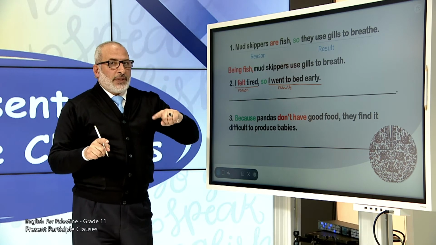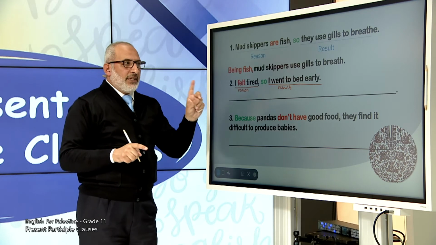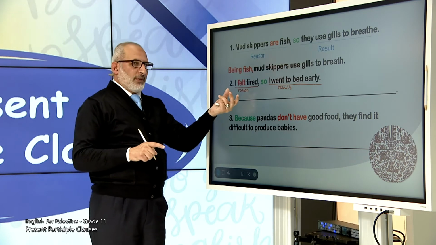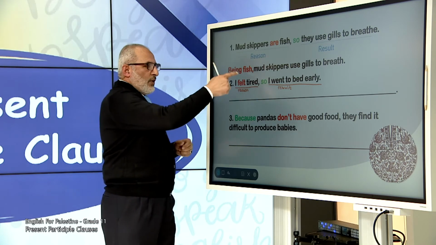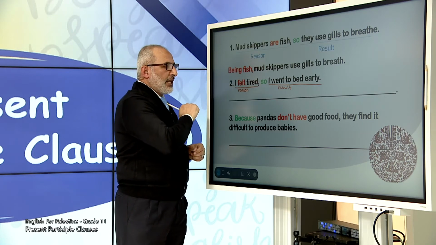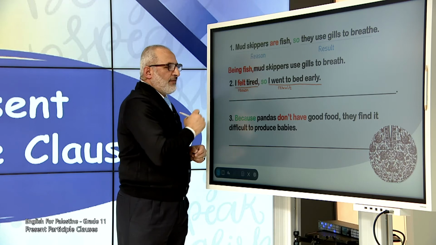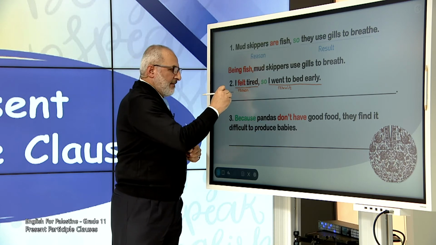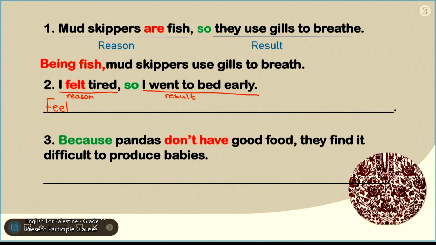Do we use present participle clause with the reason or with the result? Of course, with the reason. Good. So again, we start our sentence with the ing form of the verb. What is the infinitive of felt? Yes, it is feel. Good. We add ing to make it ing form. Feeling tired, comma, I went to bed early.